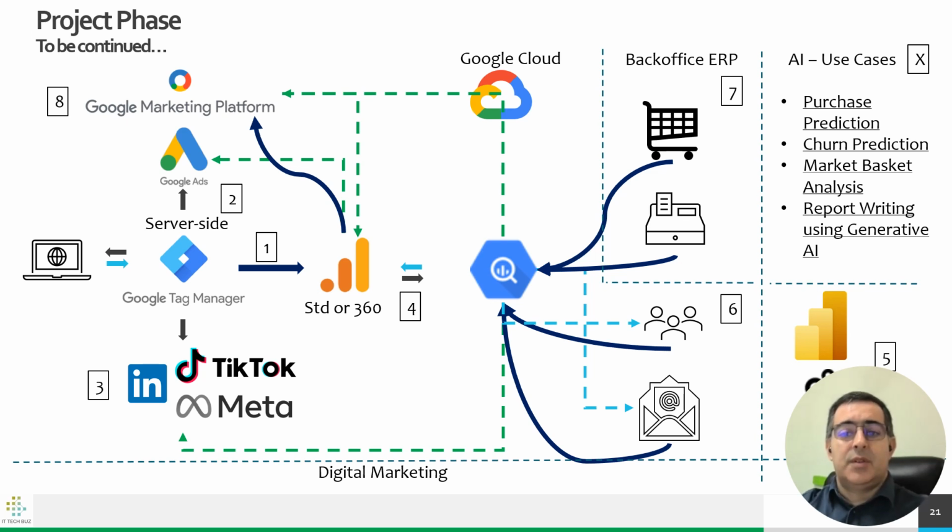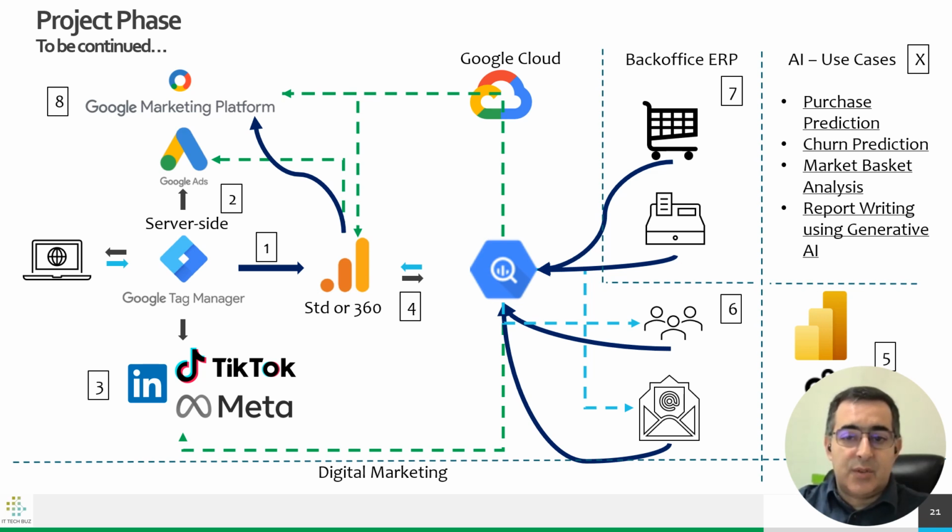And then we have the last project phase that I wrote as to be continued, because you can start adding more sources, like I said here, for connecting BigQuery with the social media networks like LinkedIn, Twitter, TikTok, Meta, to give an edge to our audiences that are created there.